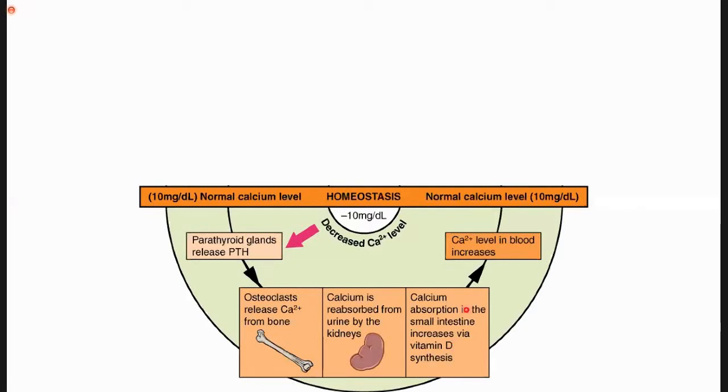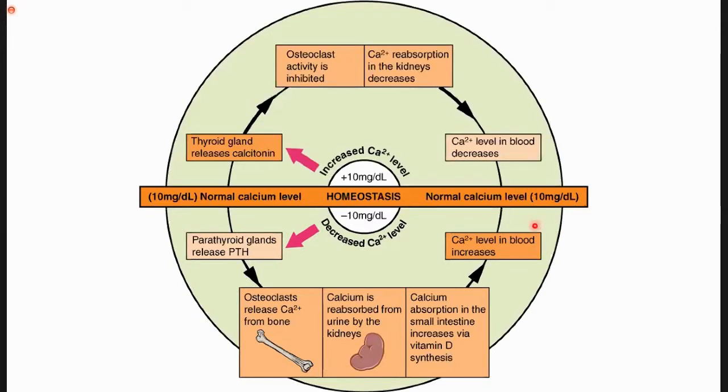In this way the normal calcium level is reached and the normal reference range is maintained. So we can have two conditions, hypercalcemia or hypocalcemia, but the body tries to maintain the calcium at approximately 10 milligrams per dl.